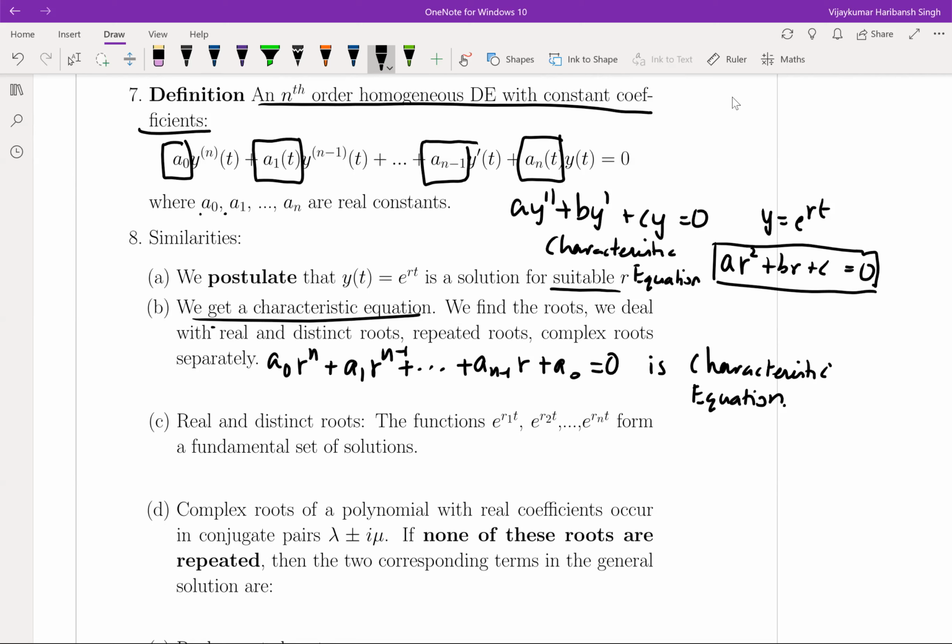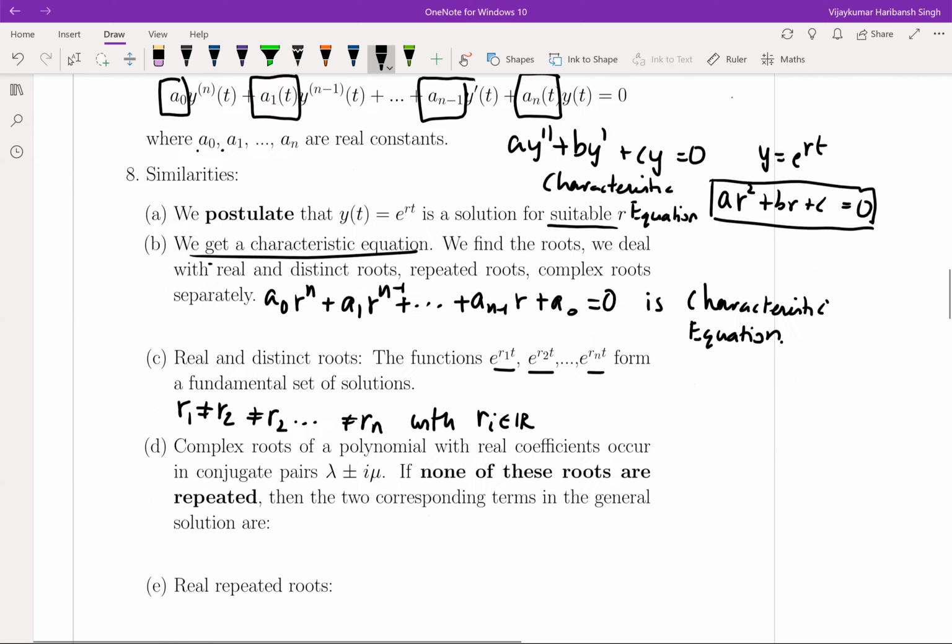So if all the roots are distinct, with ri belonging to R, then what are the solutions? The solutions will be e to the power r1 t, e to the power r2 t, and so on, up to e to the power rn t, and these solutions form a fundamental set of solutions.